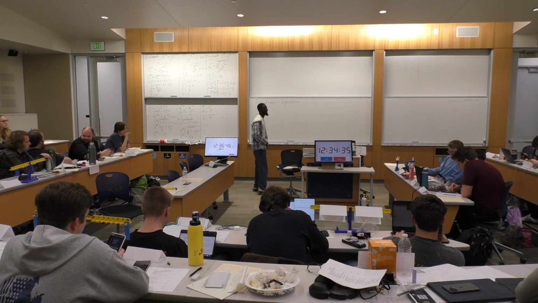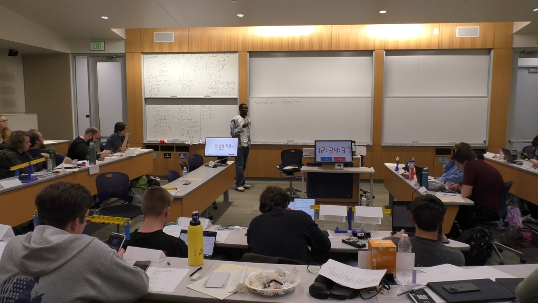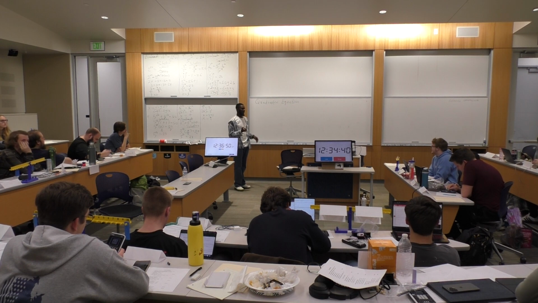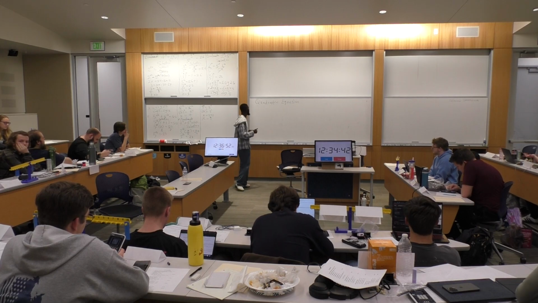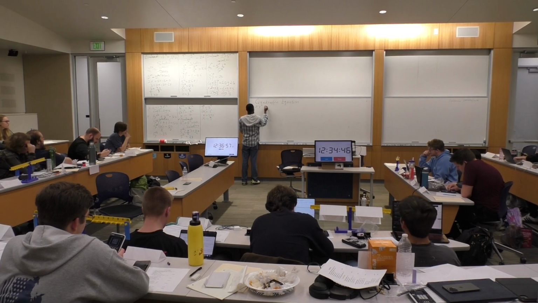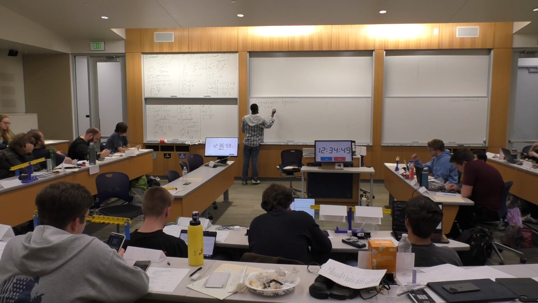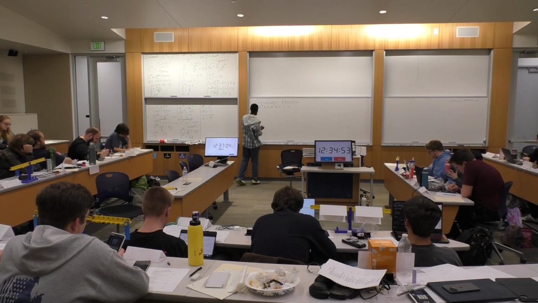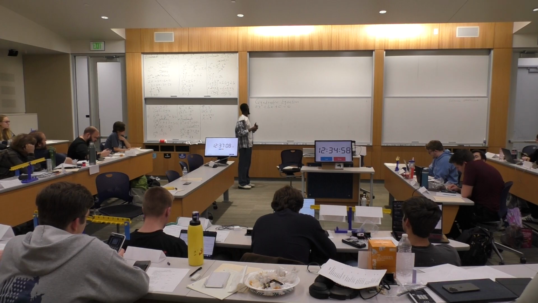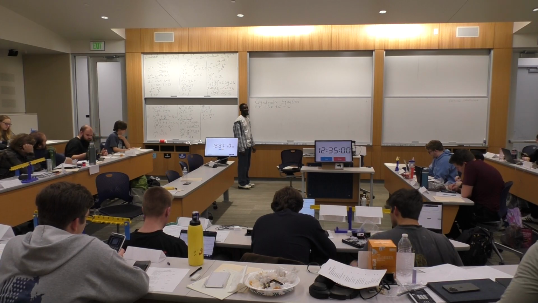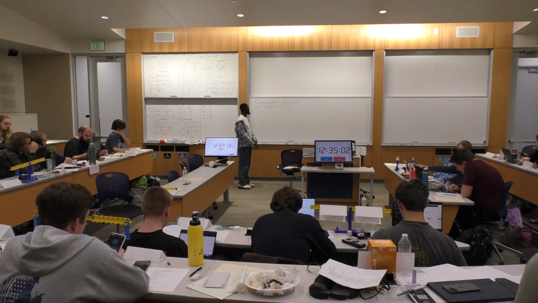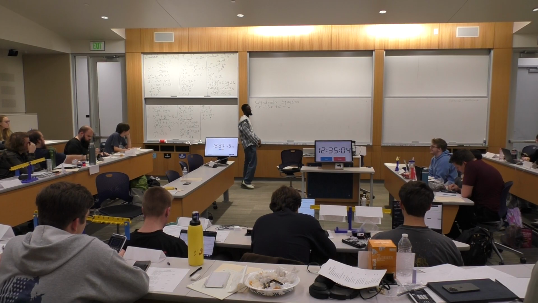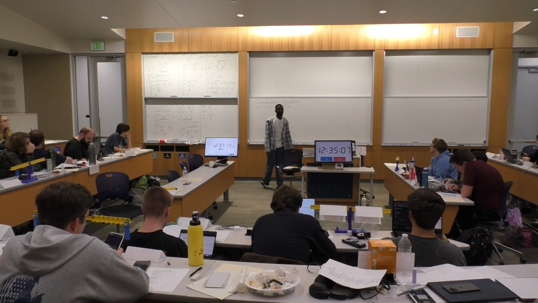The difference is that the general form of a quadratic equation is ax squared plus bx plus c equals 0, where a and b are the coefficients and c is a constant.